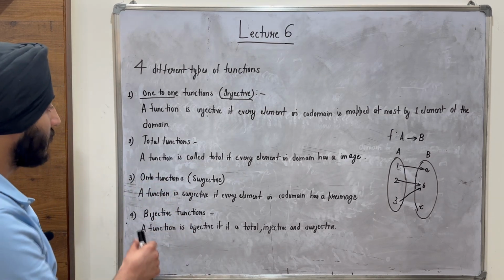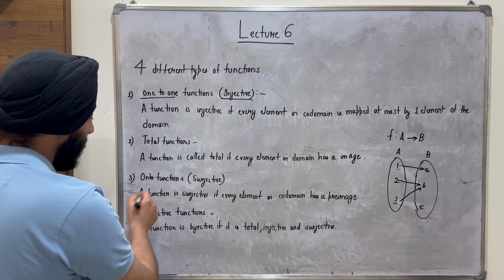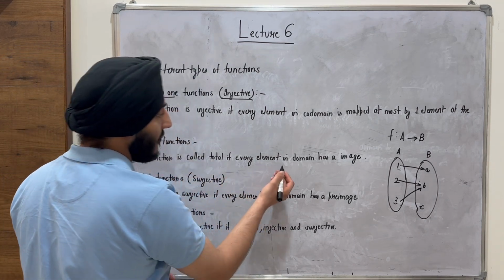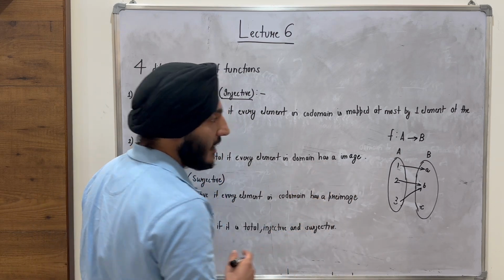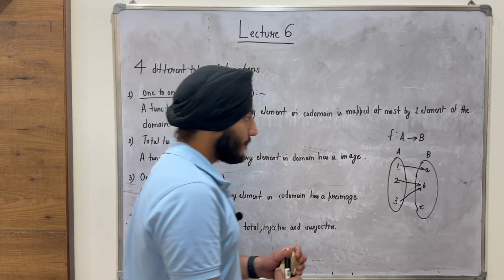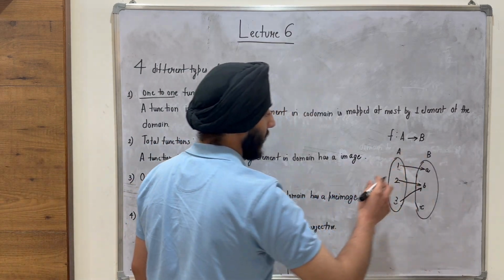Let's try to understand what is a total function. These two definitions are very easy to understand, right? A function is called total if every element in the domain has an image. Just a very simple condition that you need to check. So let's look at this function over here.